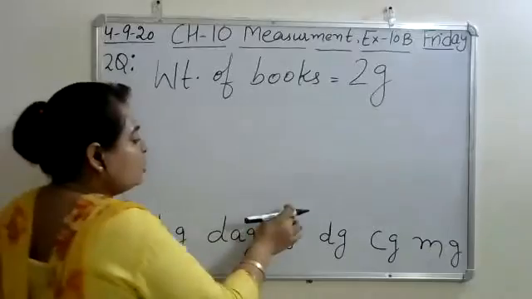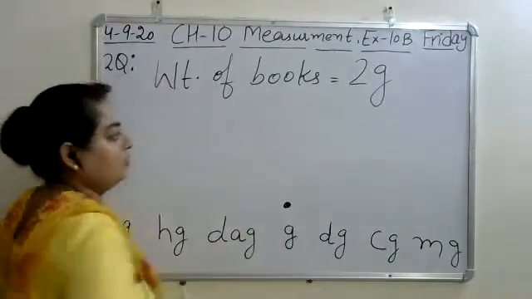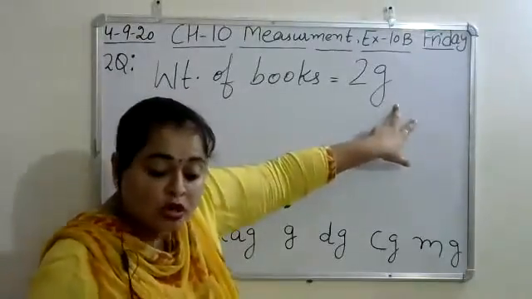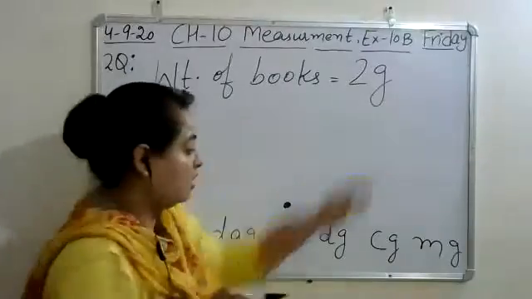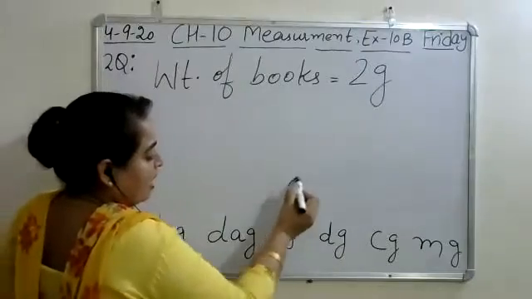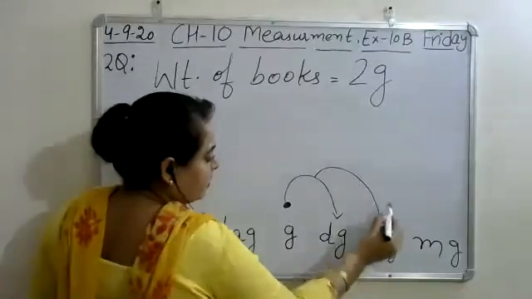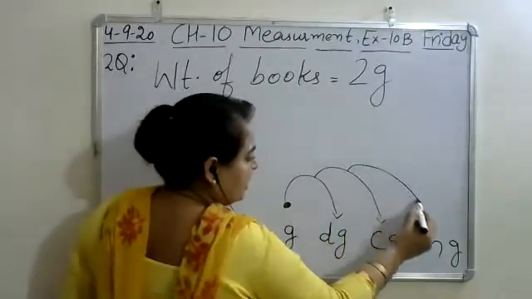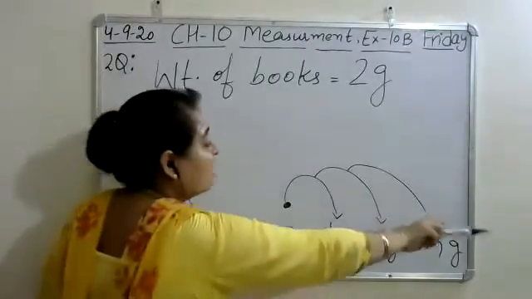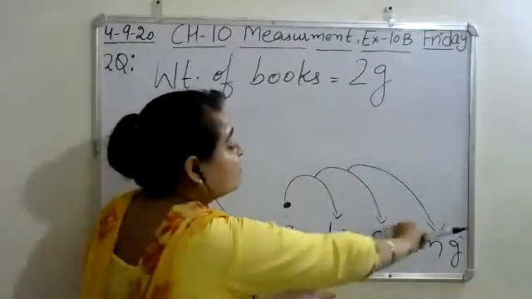It means you are here. And the question is to convert this to milligram. So here you have milligram. So 1, 2 and 3. 3 jumps on the right hand side.